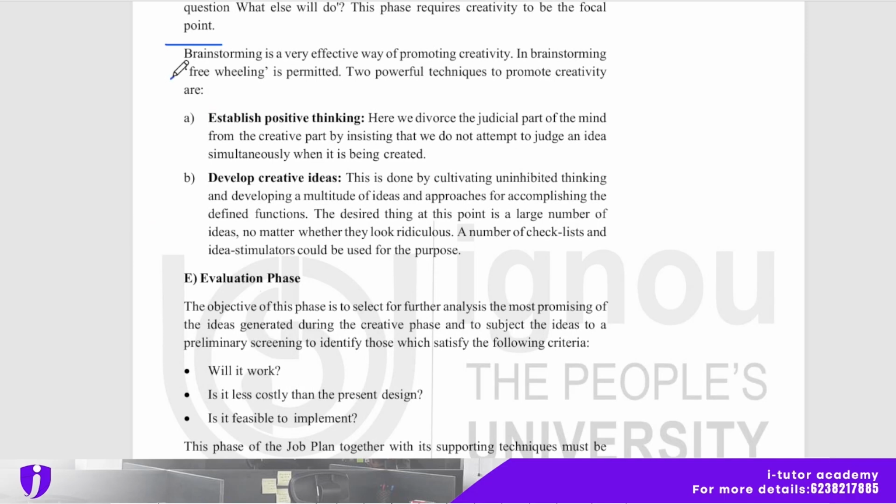In brainstorming, freewheeling is permitted. Two powerful techniques to promote creativity are establish positive thinking and develop creative ideas. Here we divorce the judicial part of the mind from the creative part by insisting that we do not attempt to judge ideas simultaneously when they are being created.